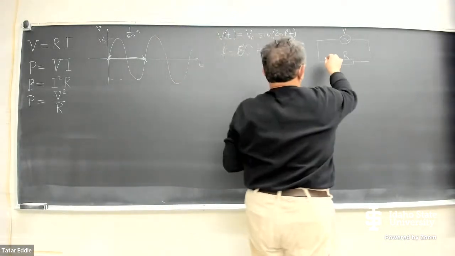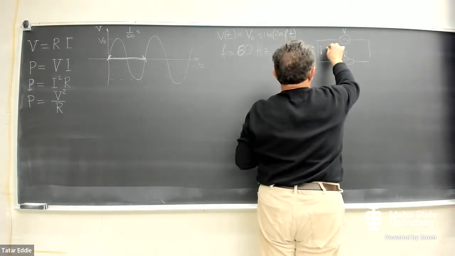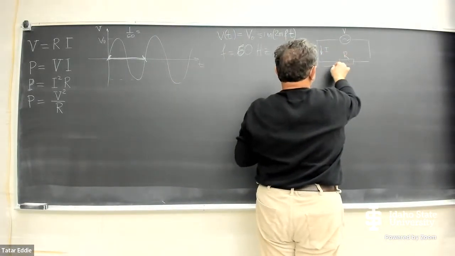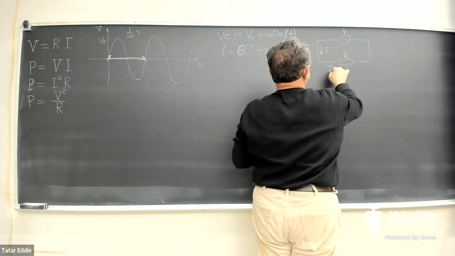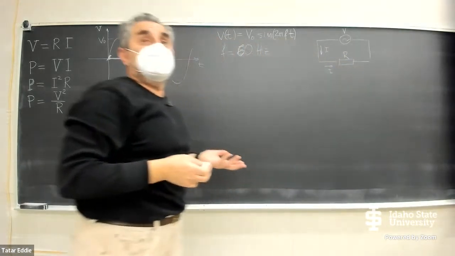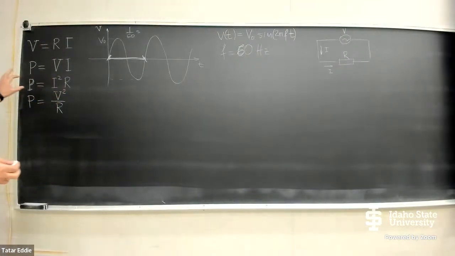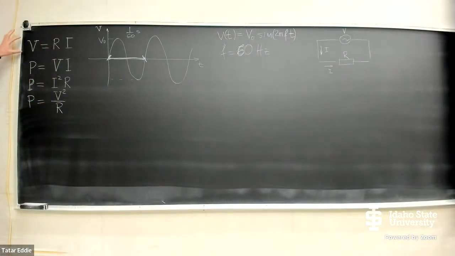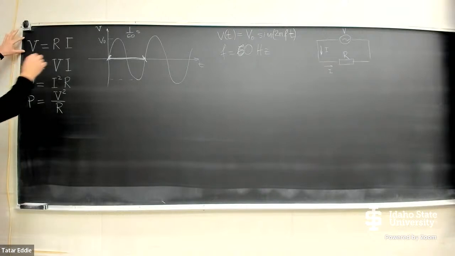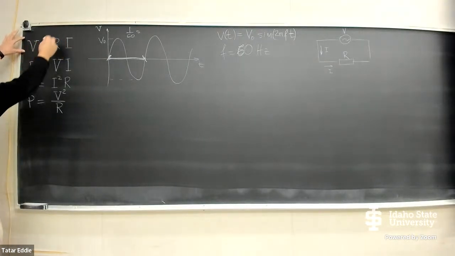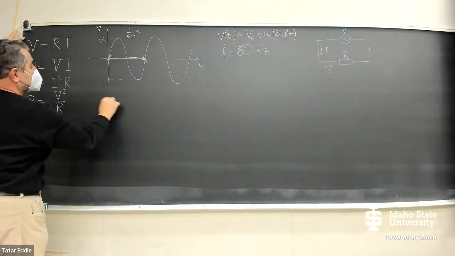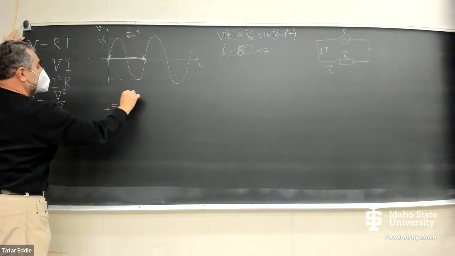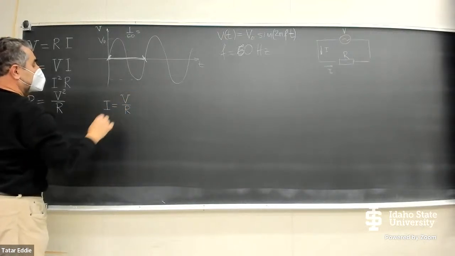What should be the value of the current that is flowing here? The current is also going to be oscillating in magnitude and direction. And you can find that current by using Ohm's law, right?